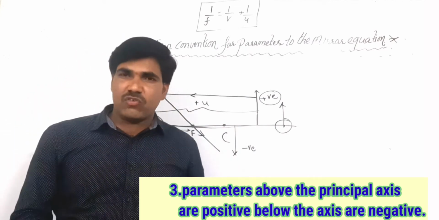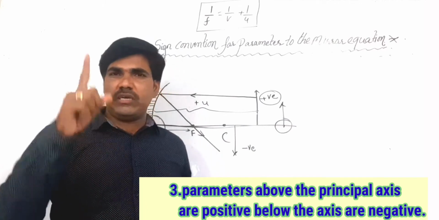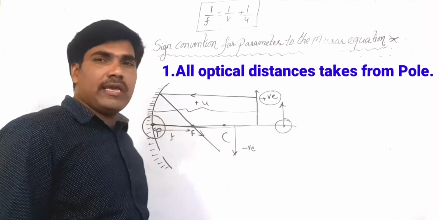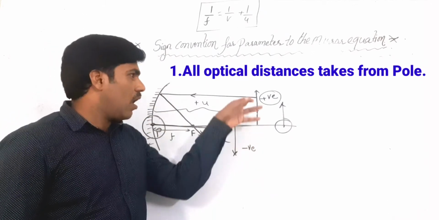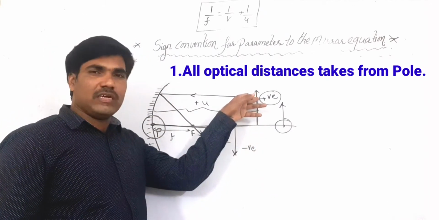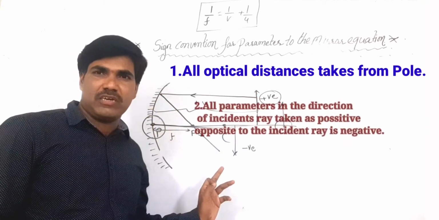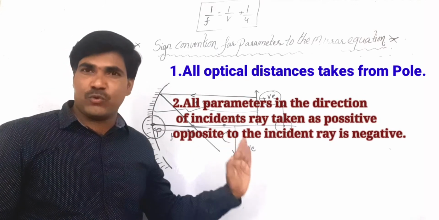All the students understood the three points? First one, compulsorily we take all the distances from the pole only. Second, all the parameters considered along the incident ray are taken as positive, opposite to the ray of incident is taken as negative.